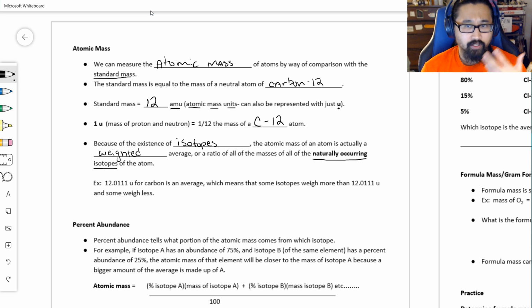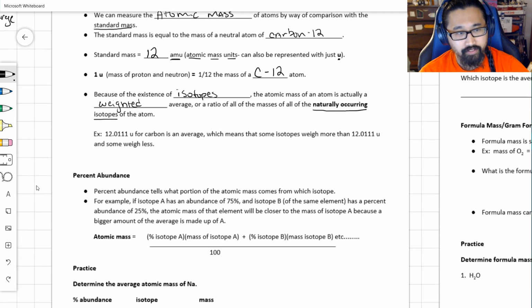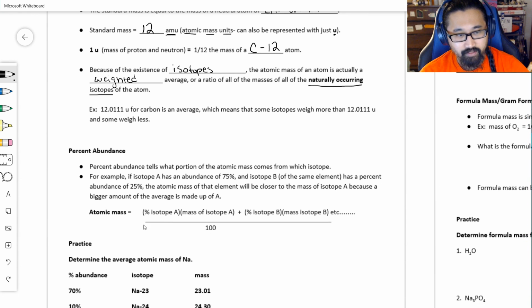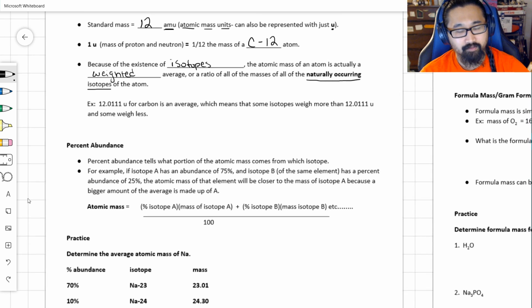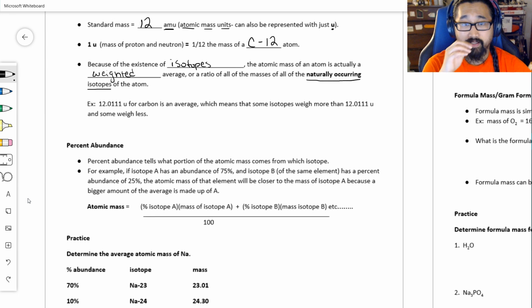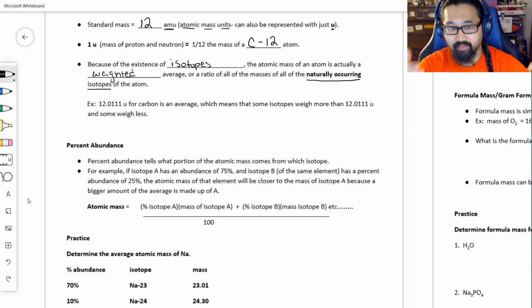Now, in order to determine the weight that each isotope carries, we need to look at something called the percent abundance. There are no notes to take here, however, there's an equation. I'm going to talk more about that in a moment. But the percent abundance tells us what portion of the atomic mass comes from which isotope. Specifically, it tells us what percentage of that element in nature is found as that particular isotope.